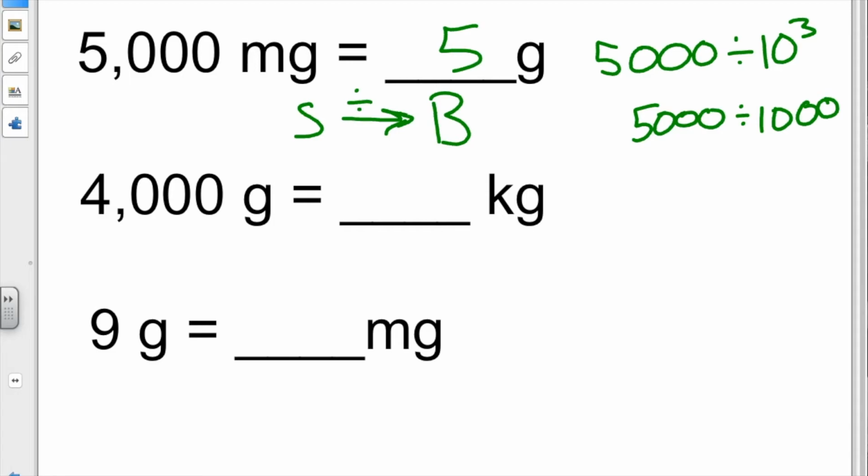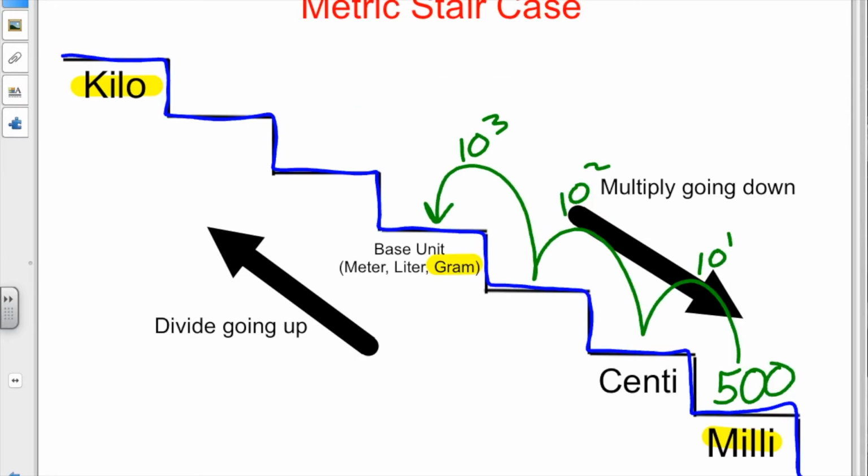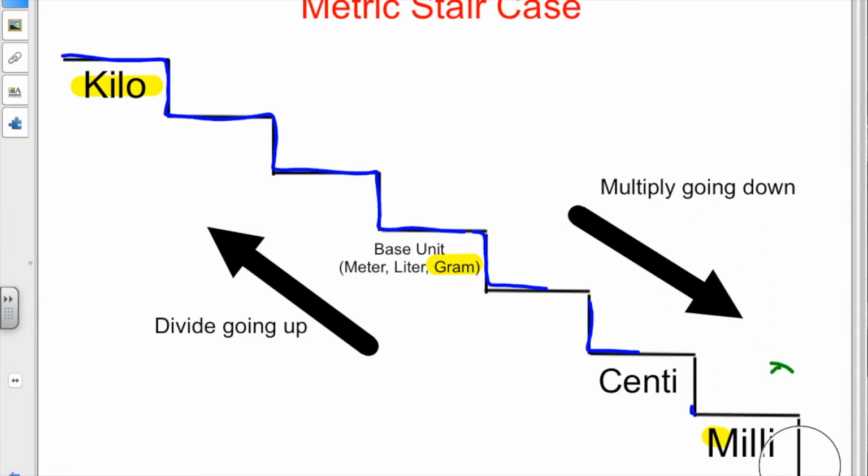For the next problem, we have 4,000 grams equals blank kilograms. So here we're going from small to big again. And we have 4,000 grams to kilograms. That's right, what we have. 4,000 grams. So that would go on our base unit line.